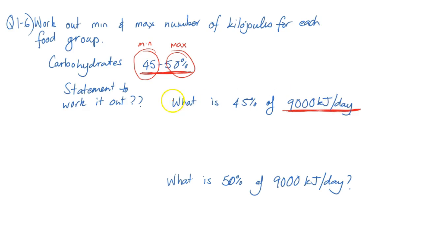Let's change this into an equation. What is can change to equals 45%. Write it down in a way that you can put into a calculator. 45 divided by 100, the "of" turns to times, and the number of kilojoules for this particular person is 9,000. So you need to just put that down and work it out so you can see how much that actually is.